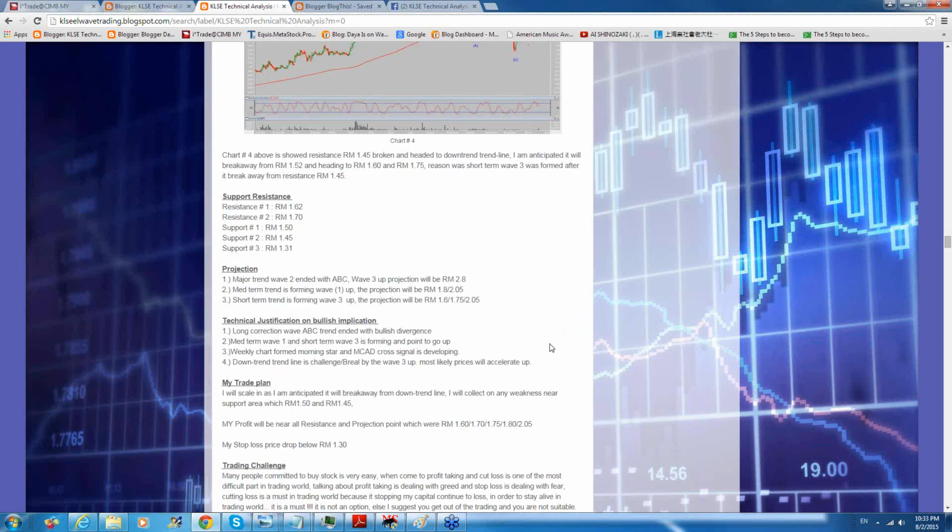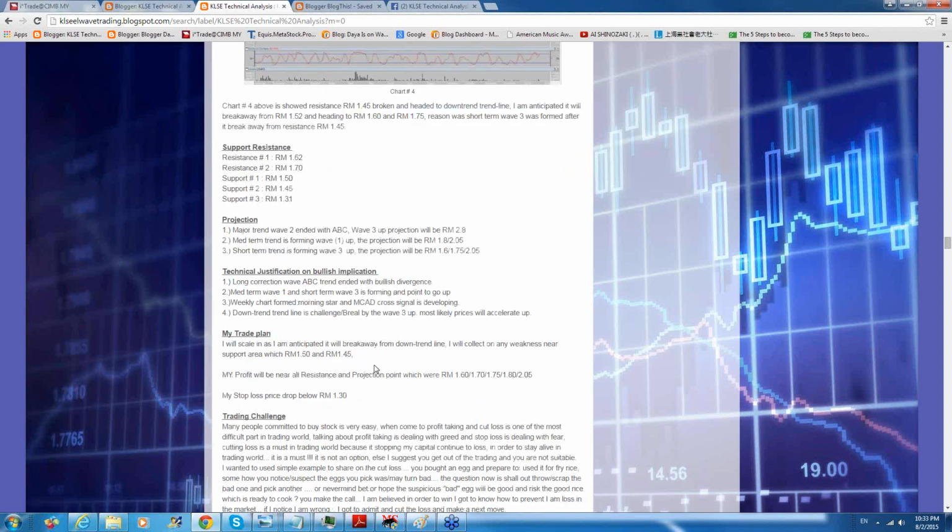You see the support level, right? The first support which I see is 150. The second support is 145. It very much depends on which flavor you prefer.